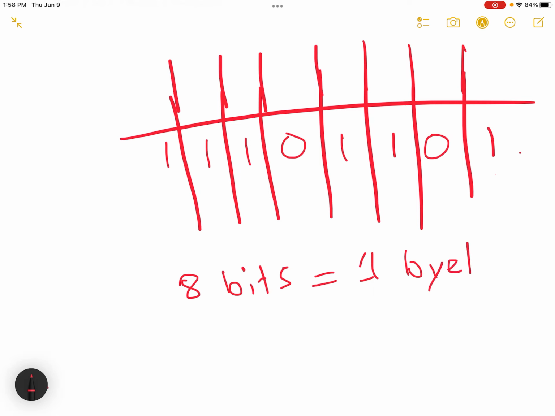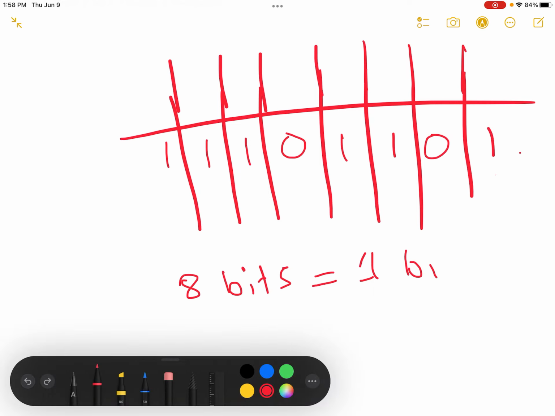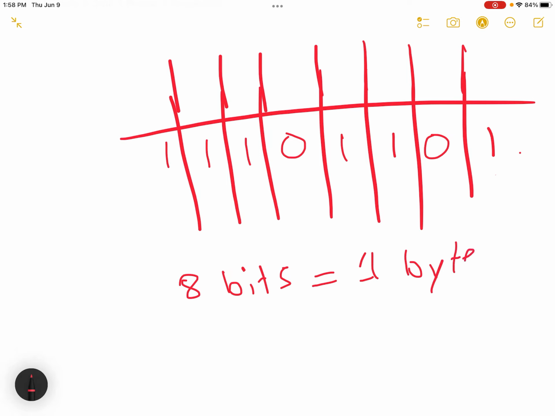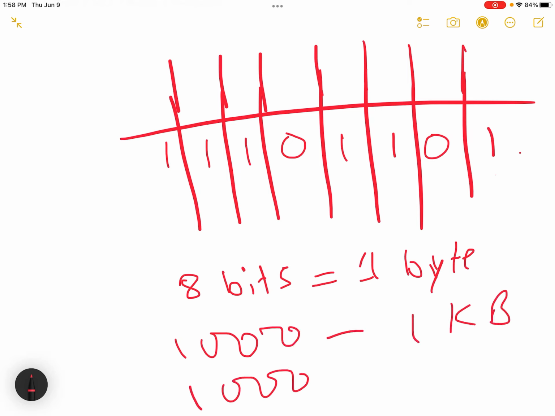And bit means digit, so 8 digits is equal to 1 byte. So 1000 bytes equal 1 KB, and 1000 KB is equal to 1 MB, and 1000 MB is equal to 1 GB.